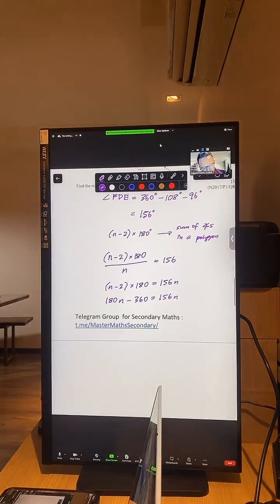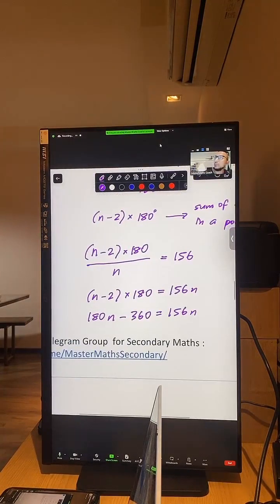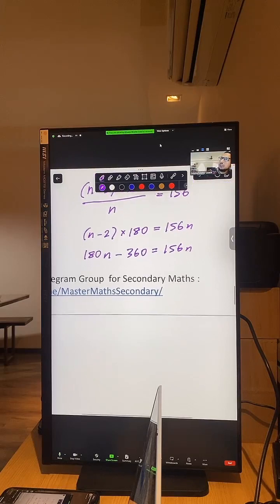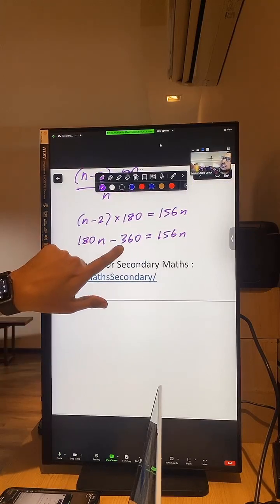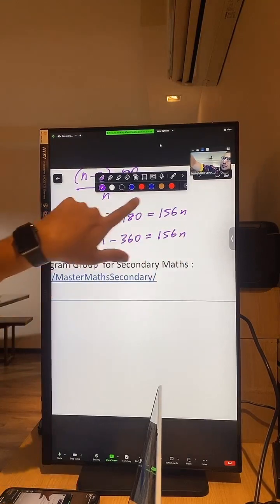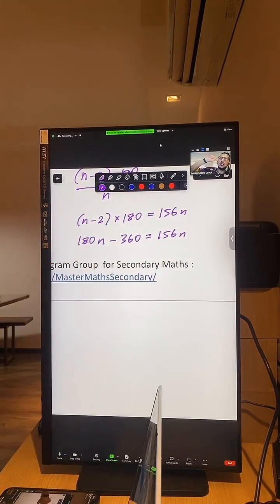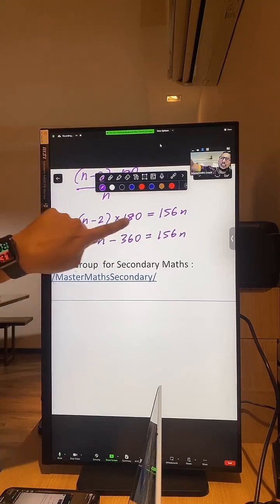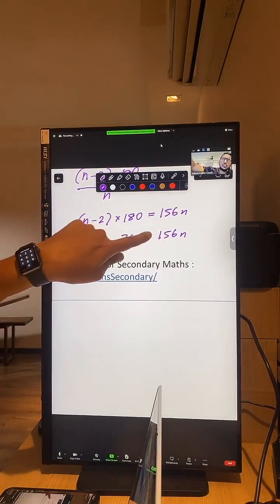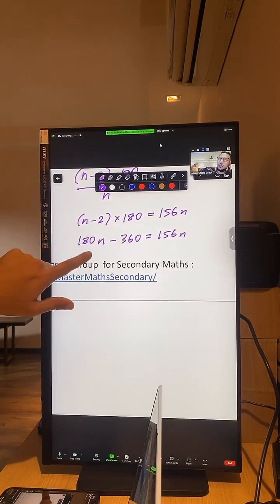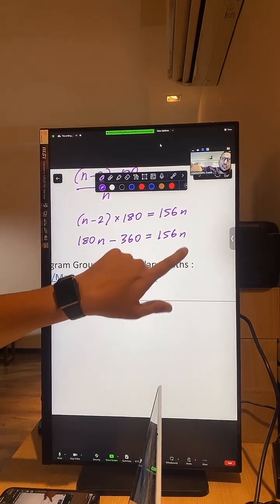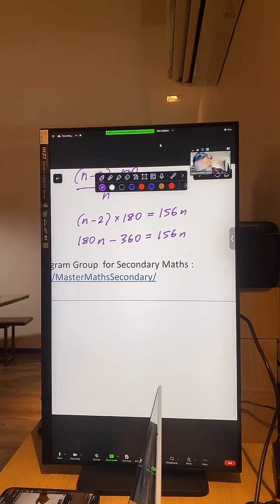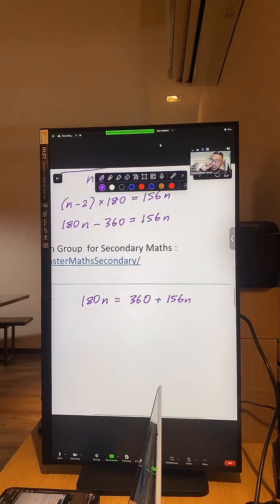Okay guys, so this is very simple algebra. All you need to do here is move the minus 360 over, and move the 156n inside. In other words, I add 360 to this side, and I add 360 to this side. When I add 360 to this side, I get 180n. When I add 360 to this side, I get 156n plus 360. Let's do it step by step. So 180n equals 360 plus 156n. Can you see?